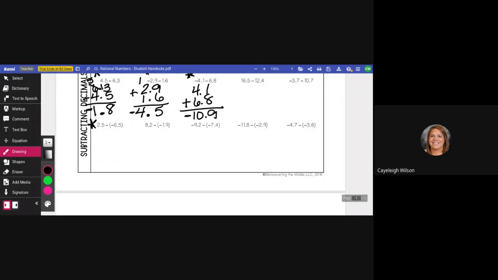All right, so on this one, 2.5 minus negative 6.5. Oh, I just said minus a negative. Minus a negative becomes plus a positive. So now it's 2.5 plus 6.5. Those are the same sign because they're both positive, so I'm going to add and keep.